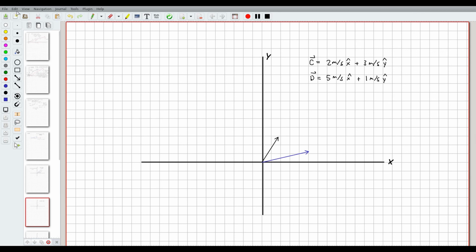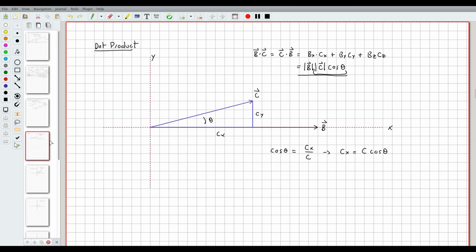So this is C, this is D, and unlike our previous ordeal with dealing with vector addition, here it's not necessary that we express these things in magnitudes and directions and do angles and all that stuff. As I pointed out over here, an equivalent form of the dot product is adding them by multiplying the components together.